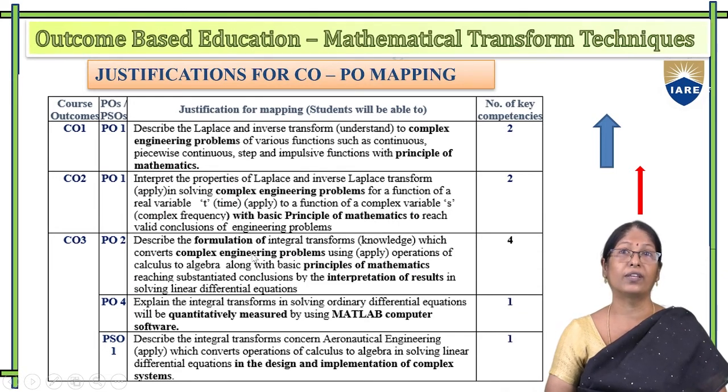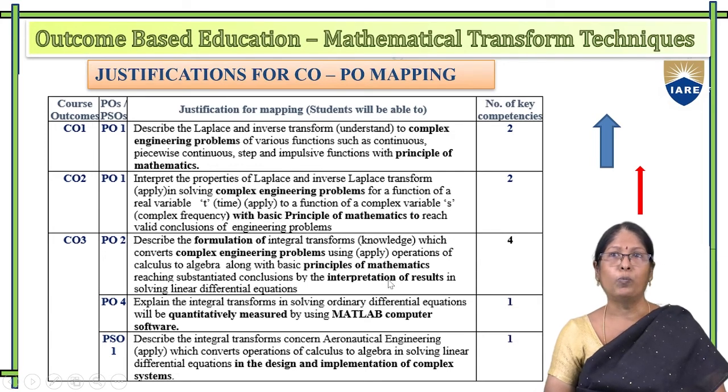For that, here is the connectivity, how the course outcome is connected to the program outcome, as written here. That is, describe the formulation of integral transforms which converts complex engineering problems, using operations of calculus to algebra along with principle.